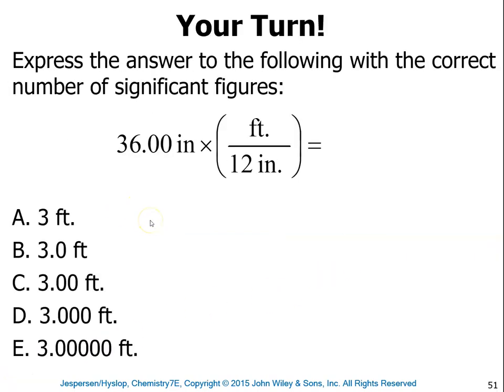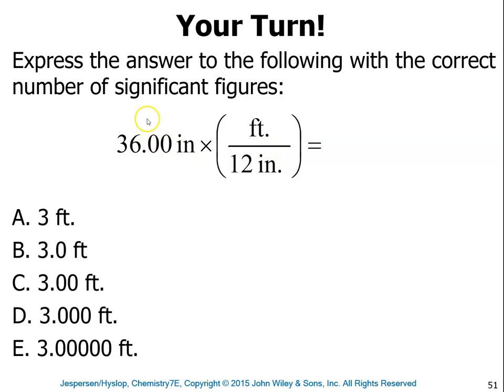So here's an example of looking at this. If we have 36.00 inches that we've measured out with a tape measure, for example, let's say, and we want to convert this into feet, so we're going to take 1 foot is equal to 12 inches.